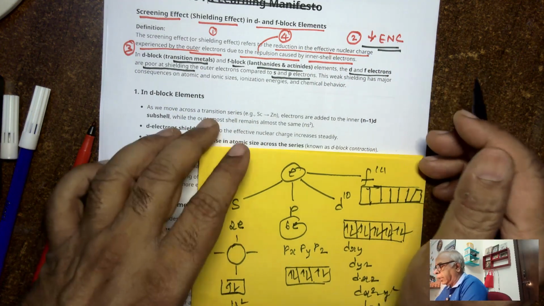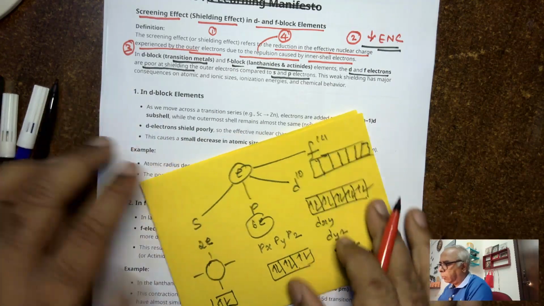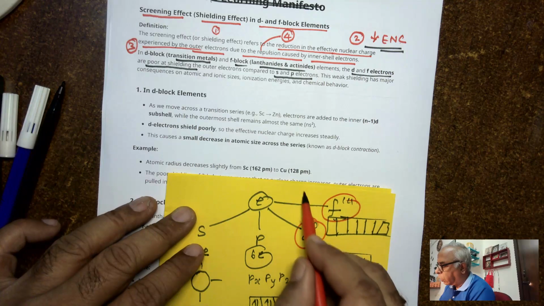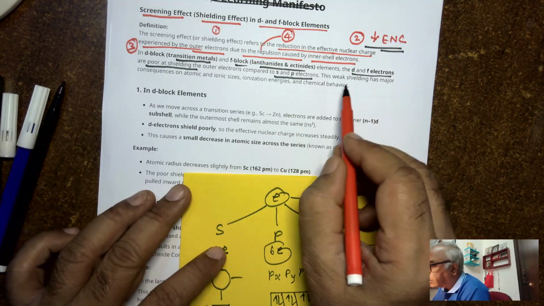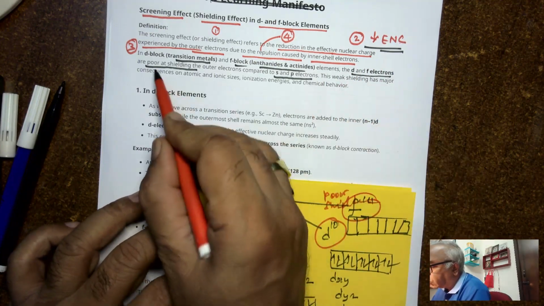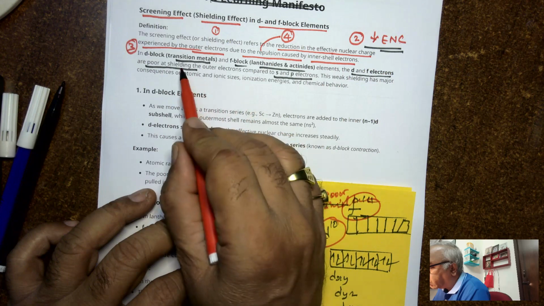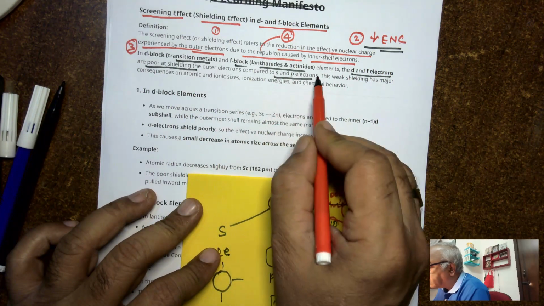So D and F, that is these two, will have poor shielding effect. You can note down poor shielding. What is that? The D and the F electrons are poor at shielding the outer electrons compared to the sp electrons.